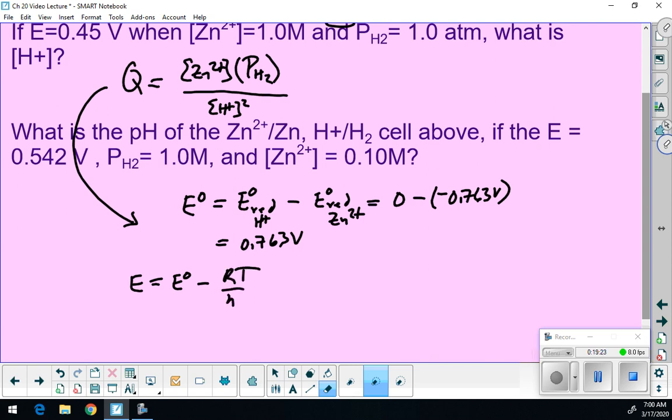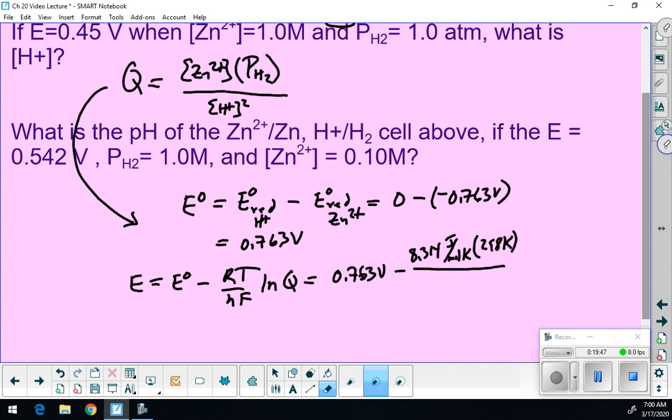RT over nF, natural log of Q. So let's drop in some numbers here. Are you ready? Here we go. This is 0.763 volts, minus R, 8.314 joules per mole Kelvin times 298 Kelvin, right?